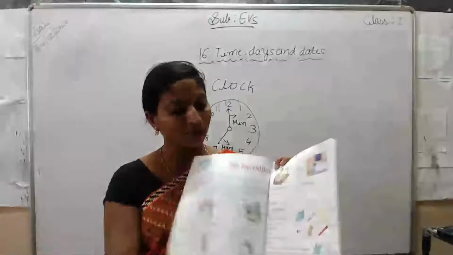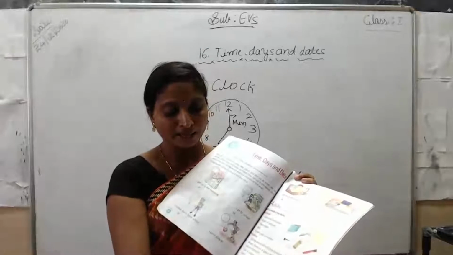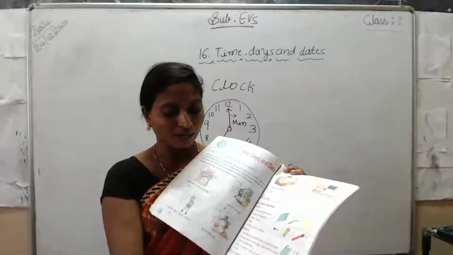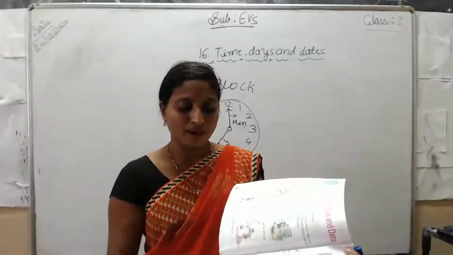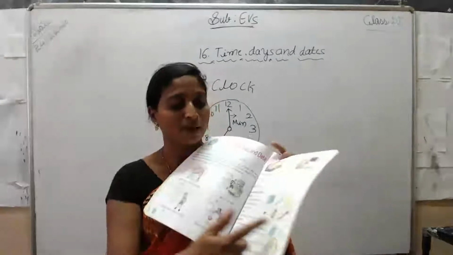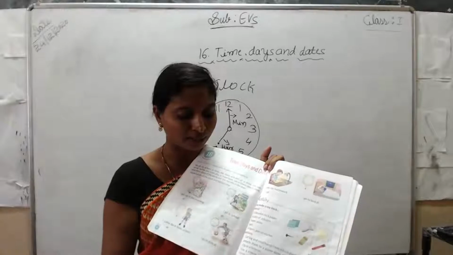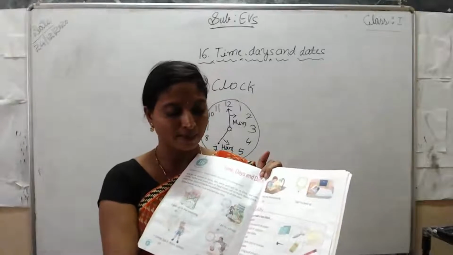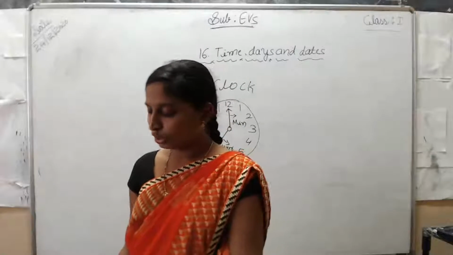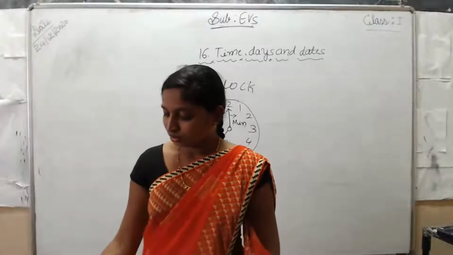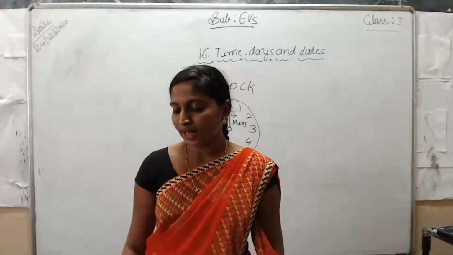Next, use the crayon, pen or marker pen and write the numbers on the paper plate. This is the clock. This is your activity. Do it at home. You can move the hands of the clock and tell the time.